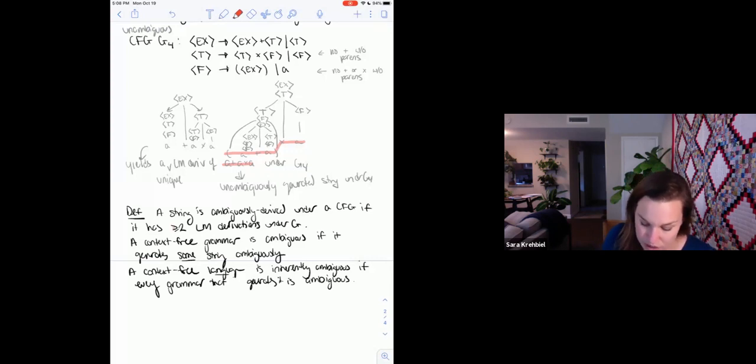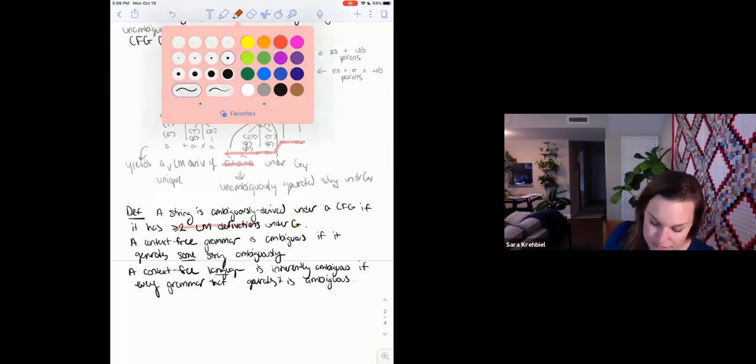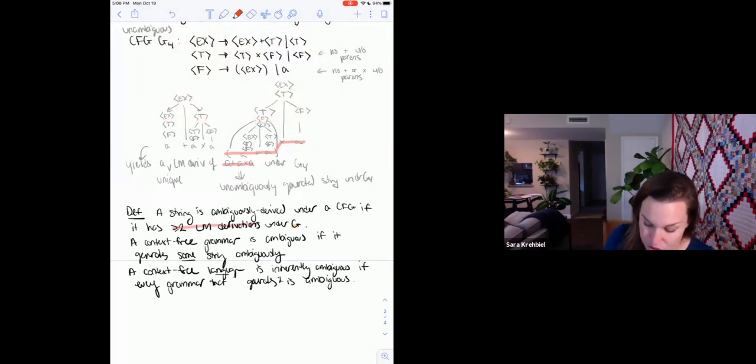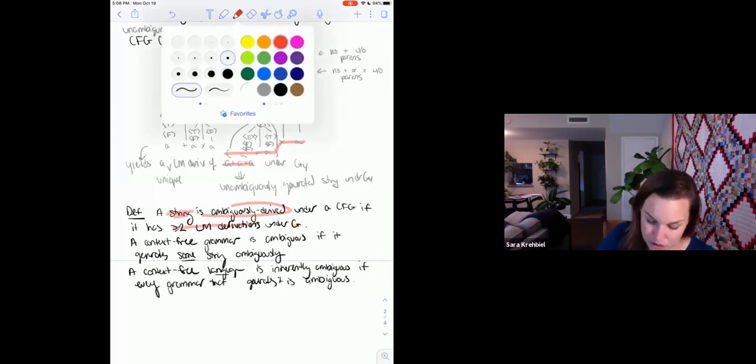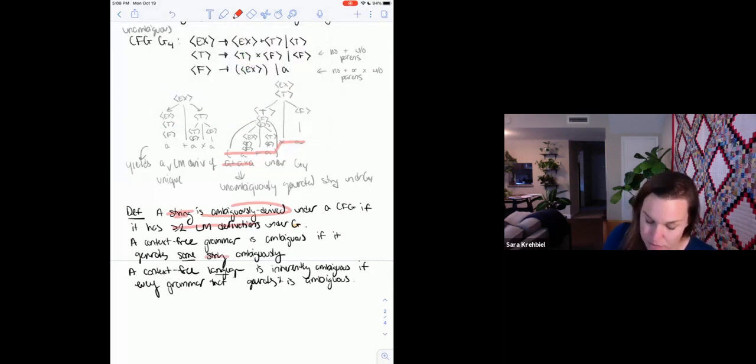So give 2 leftmost derivations under some grammar to establish that a string is ambiguously derived. Show that there's some ambiguous string to argue that a particular grammar is ambiguous.